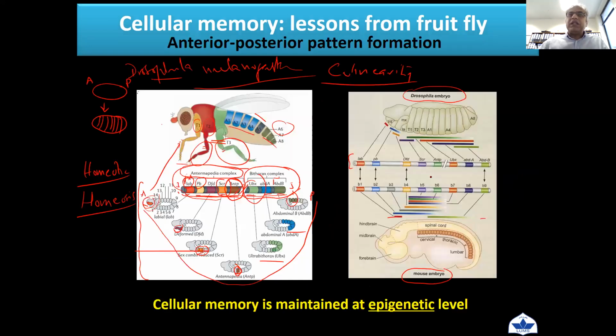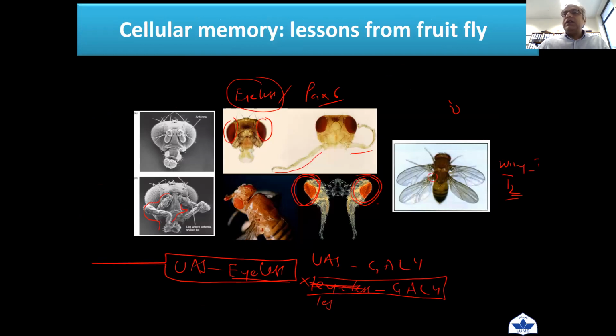So if there is a mutation in the bithorax complex and you have a deletion in UBX, you will get an additional thorax, that's why it's called bithorax complex, and you have complete wing formation.